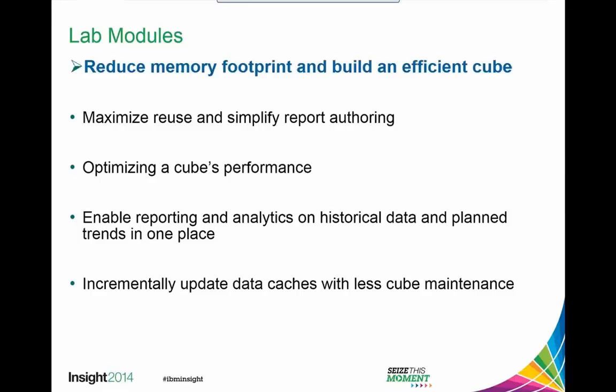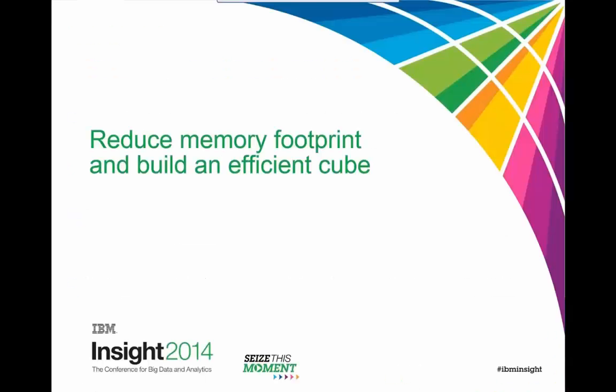All right, let's get into the lab modules. We'll start with the first one, reducing memory footprint and building an efficient cube. What I will do is introduce the different tasks as part of these lab modules, and then I'll change gears, go into the VM, and go through those steps. There are 3 parts to this lab module.